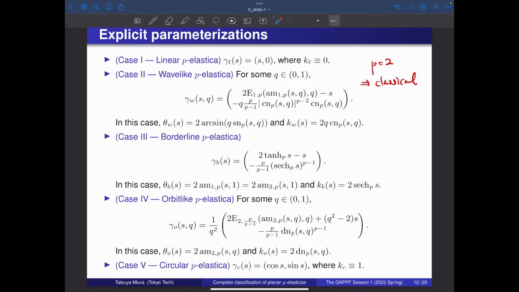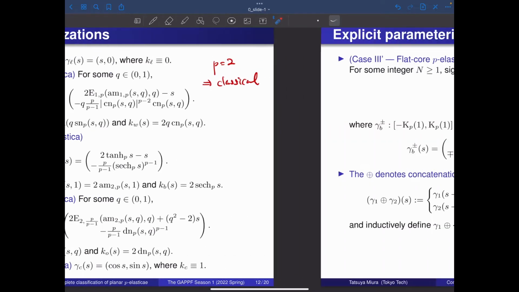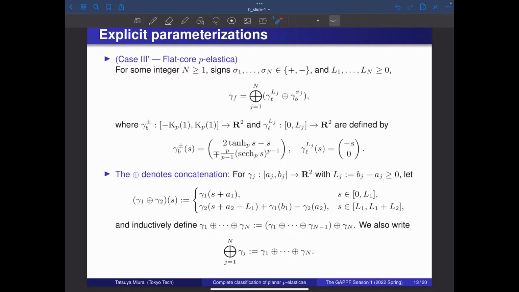So these are the explicit parameterizations mainly for the first case, I mean the Theorem 2 case. And in Theorem 3, where p is greater than 2, we have the flat core p-elastica, which is defined in this way. This is the parameterization of flat core p-elastica, and it is given by a concatenation of some curves.